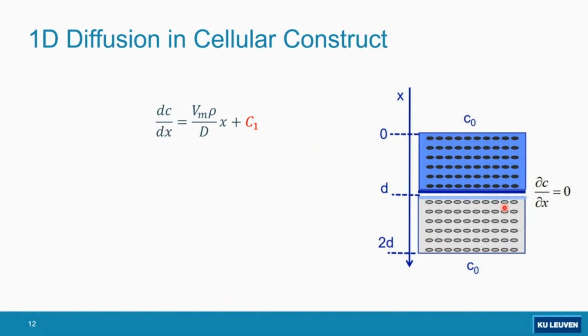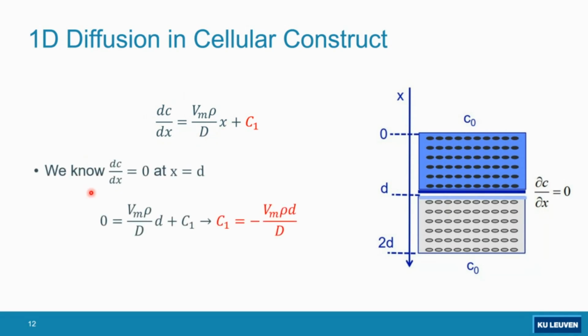What boundary condition can we apply? We know that when X equals D, the concentration of oxygen doesn't change with X. So this term is 0 when X is D. We can easily apply that and calculate the value of C1. We know that C1 is indeed this.